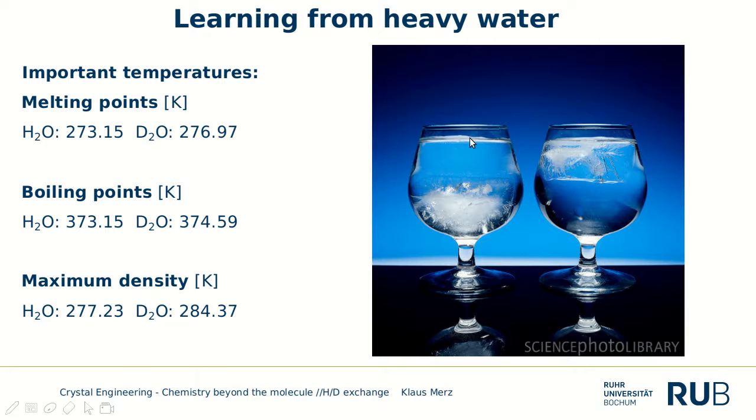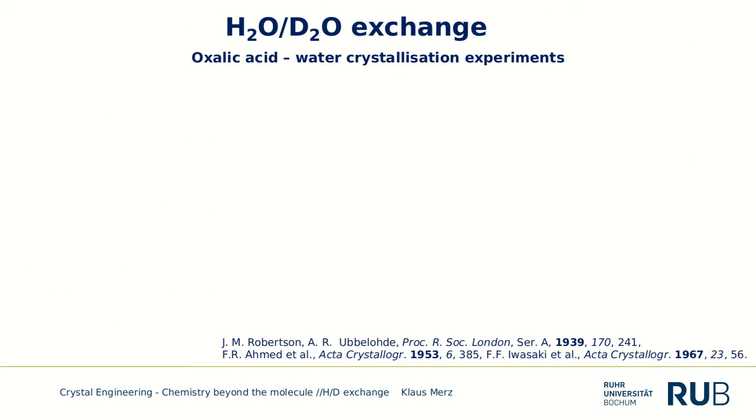On the left side, the liquid is normal water, and the ice you see here is solid heavy water. And this is exactly what you see if you have such a big difference in the density. So solid heavy water is not swimming on water. This is really amazing, I would say.